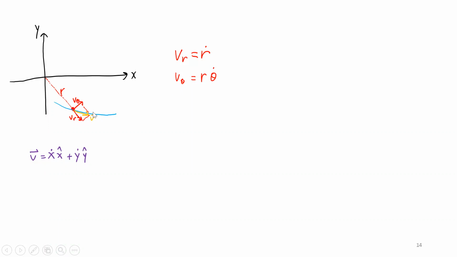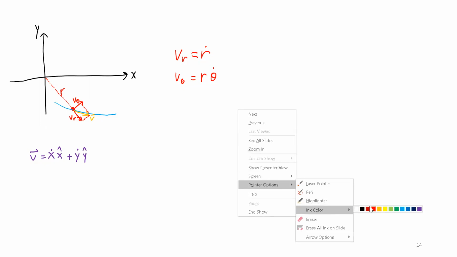On the other hand, for v_theta, if you imagine that instantaneously this particle is moving along a circle, then this r theta dot is basically the r omega that you have learned before.